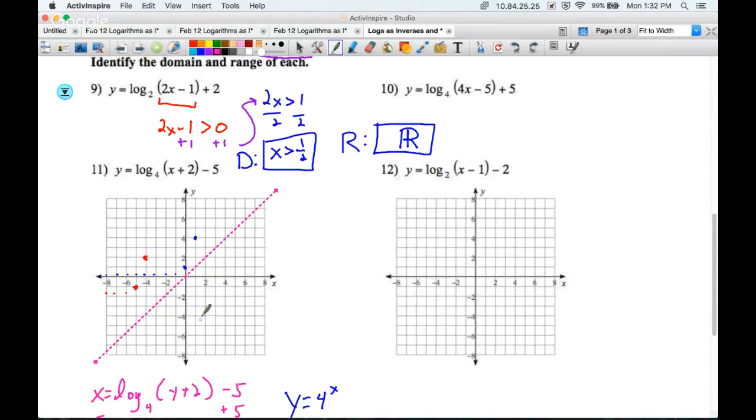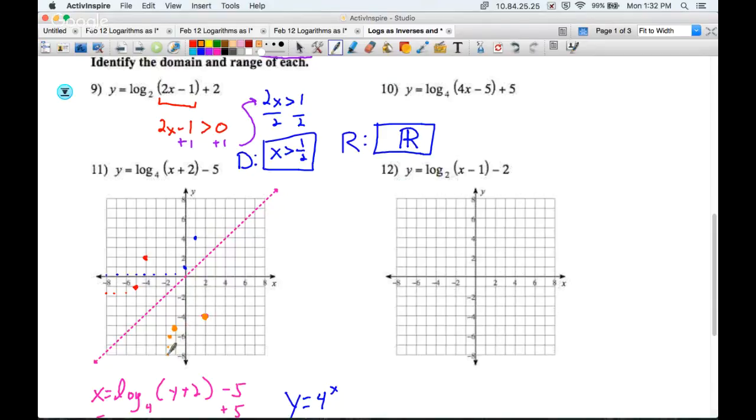So the point 2, -4 should be in the inverse. Orange. This point here is at -5, -1. So -1, -5 should be in the inverse. Then these points here, -6, -1.5, so -1.5, -6. And it's going to trail off down here.